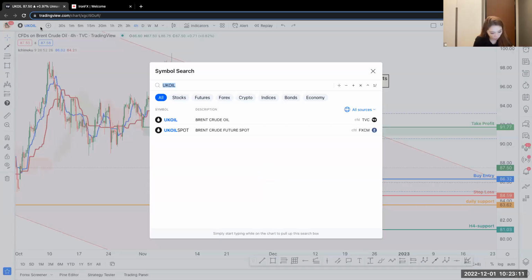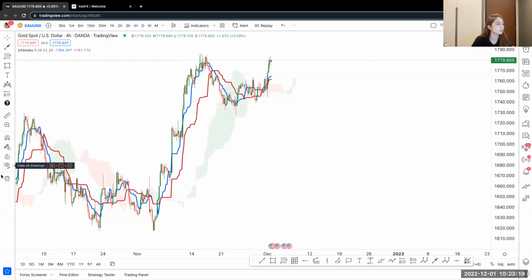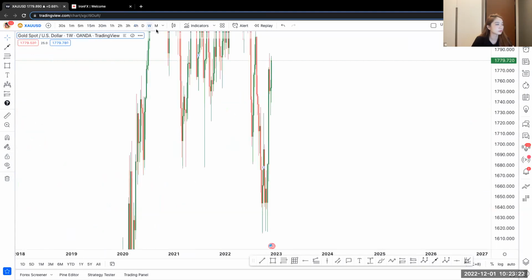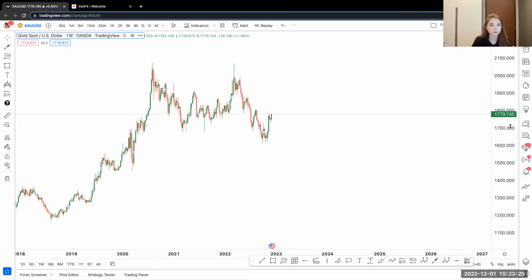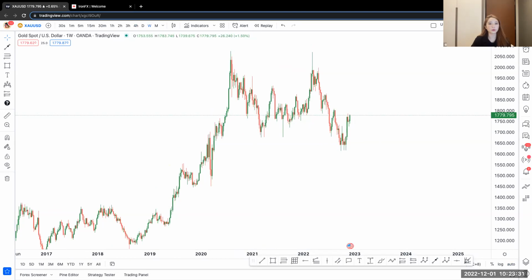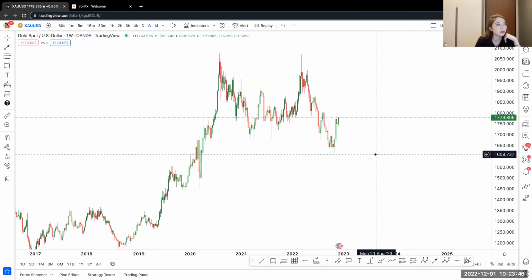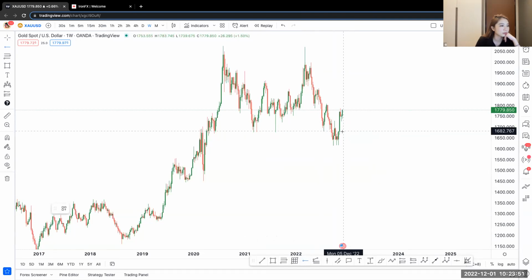Let's look at gold. We are looking at the weekly chart right now, looking at some key levels.